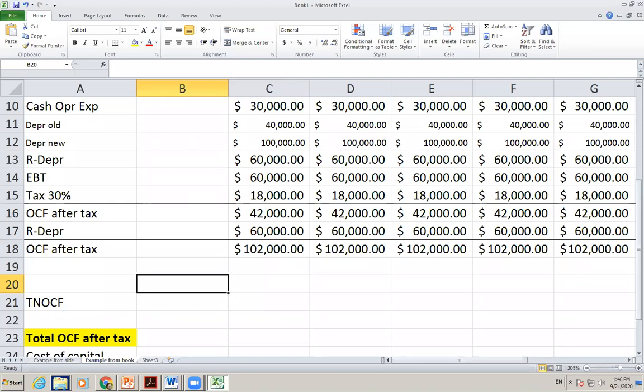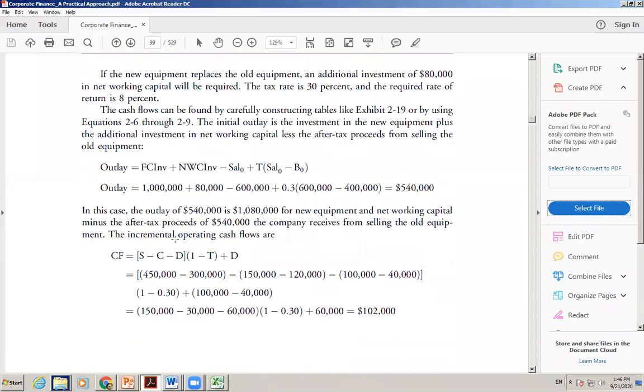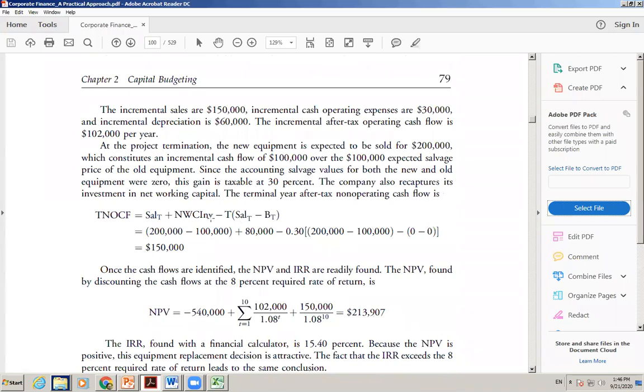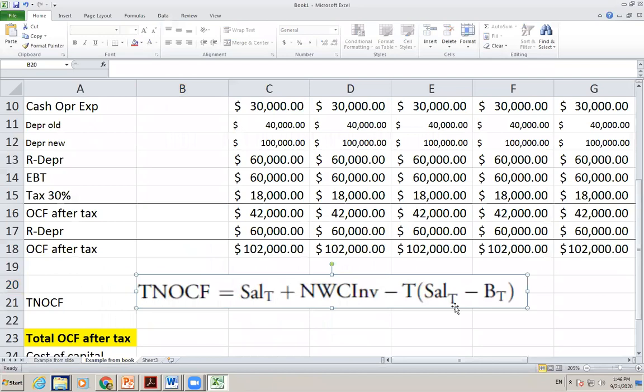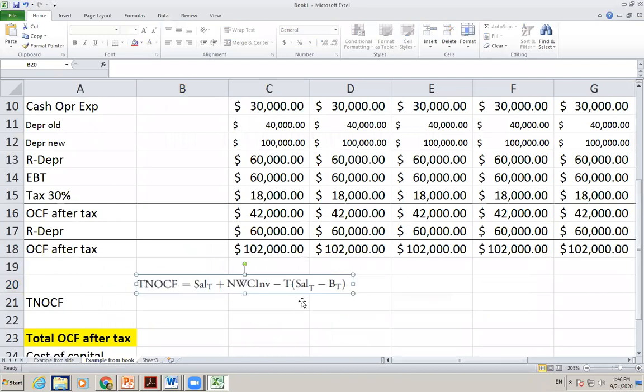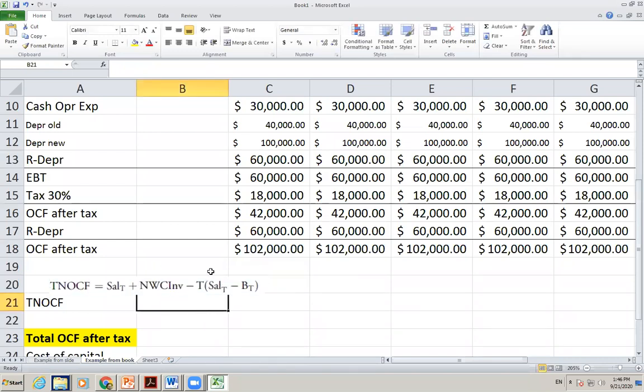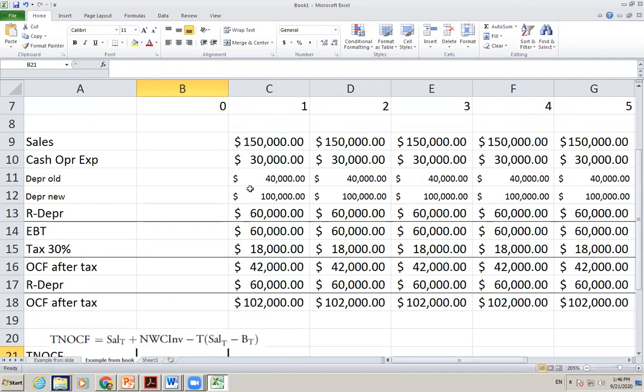Here, we're trying to find the salvage value. First of all, if you remember the formula of terminal non-operating cash flow, let me copy it from the book. Should we add or deduct the depreciation from operating cash flow after tax?